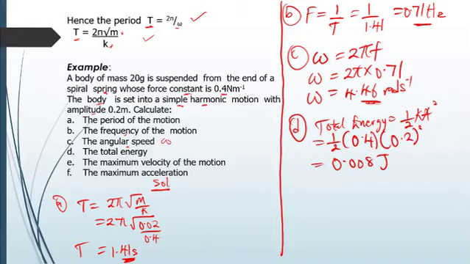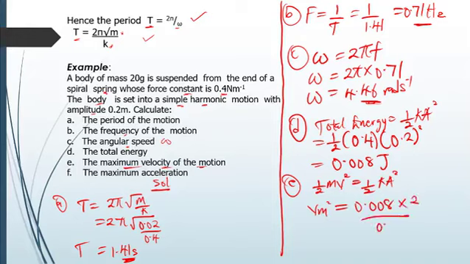And then we have the second to the last part of the question, which is the E part of the question. We're asked to calculate the maximum velocity of the motion. We are going to use this relation, half m v squared equal to half ka squared, and we're going to try to make v squared the subject of the formula, where we have 0.08 times 2 over 0.02, and then Vm is going to be equal to 0.89 meters per second.